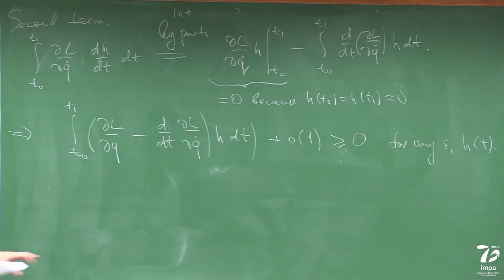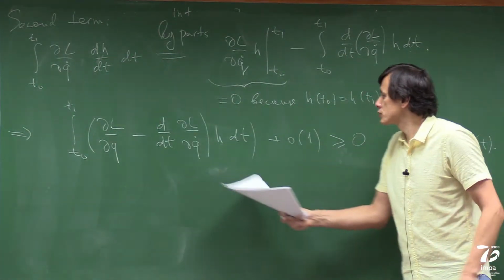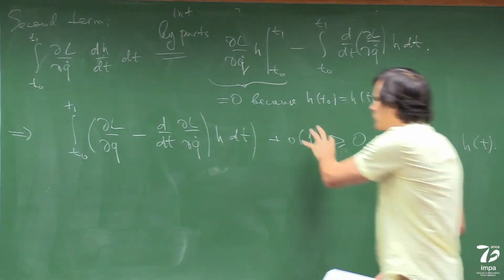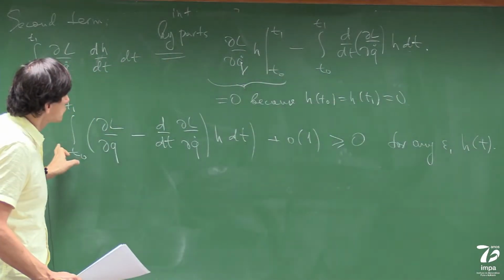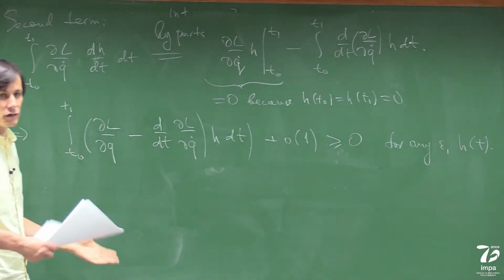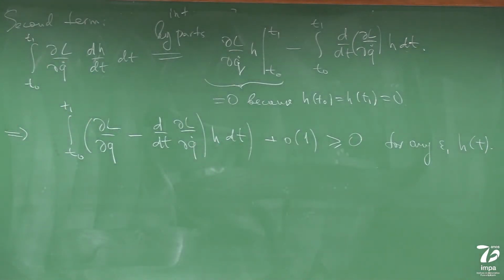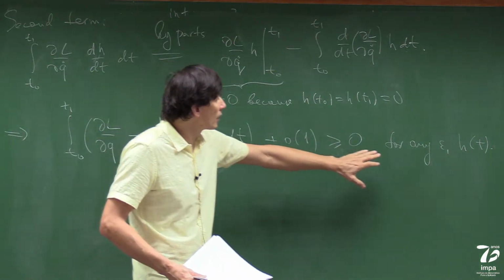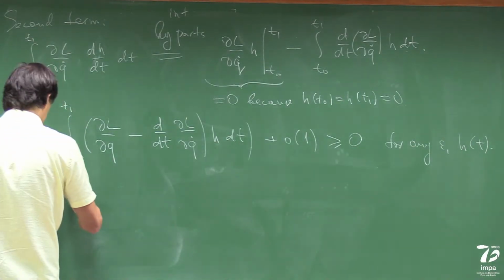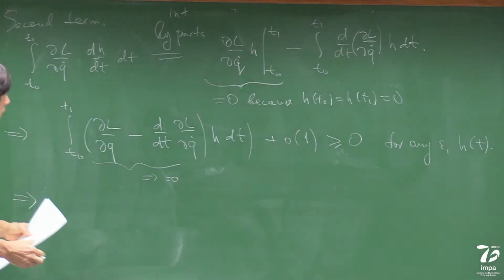It should be true for any epsilon and h. Epsilon does not enter the first term, and only enters in the second term. So the smaller the epsilon, the smaller this term is. What we need to control is the first term, and it should be positive or 0 for arbitrary h. But h can be positive or negative. If it's positive, then minus h will give a negative value. So the only way this can be true for any epsilon and h is if this term is 0. And this gives us the equation of motion.